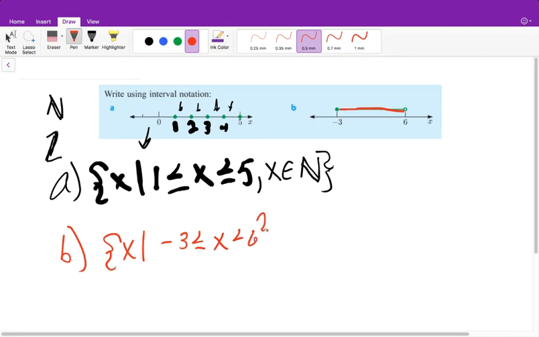You could just write the brace here if you want, because since it's including all the numbers in between, when nothing's written, it's automatically understood that it's including all real numbers. But I want you guys, for right now, just to get in the habit of writing it out like this, where you put the comma and then you define what set your element is in. So it's in all reals.